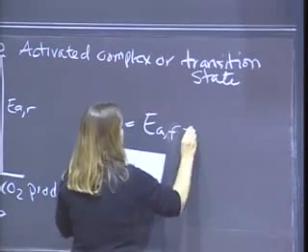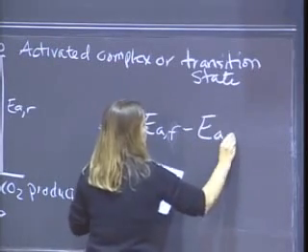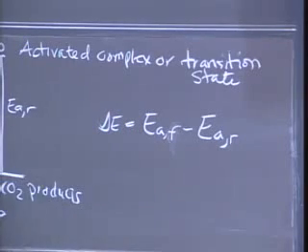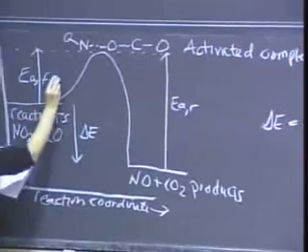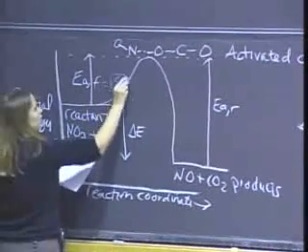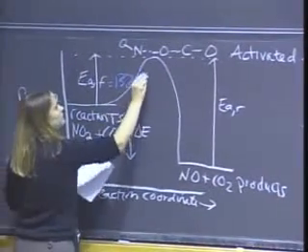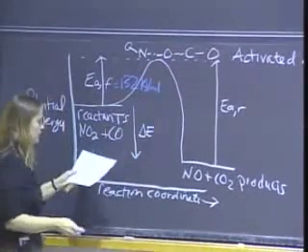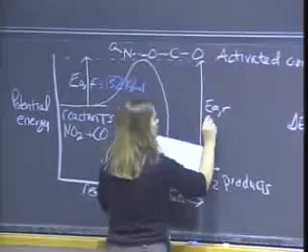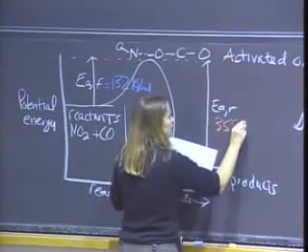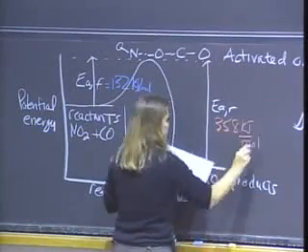The forward reaction minus the activation energy for the reverse reaction. And we can put some numbers on this. For the forward reaction, it was 132 kilojoules per mole. And for the reverse reaction, we have 358 kilojoules per mole.